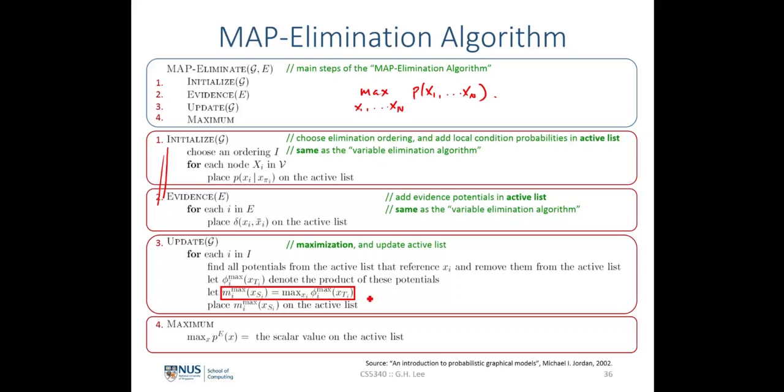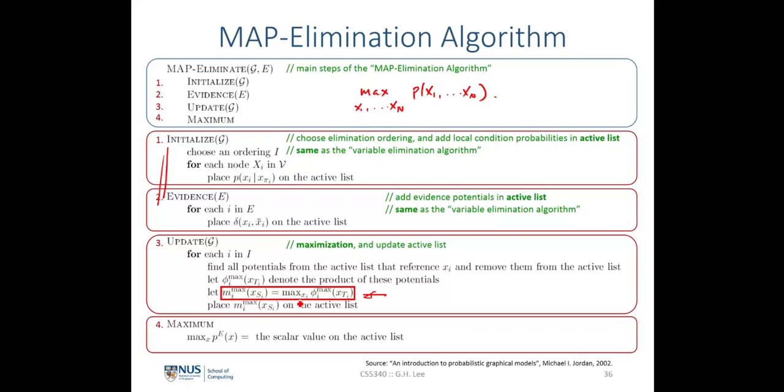This is the only difference between the MAP elimination algorithm and the variable elimination algorithm. Other than that, the choice of ordering doesn't matter anymore, because we don't have to place the query node last. There is no notion of a query node in the MAP elimination algorithm.